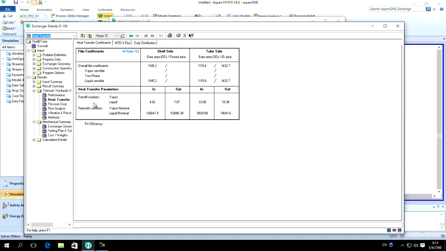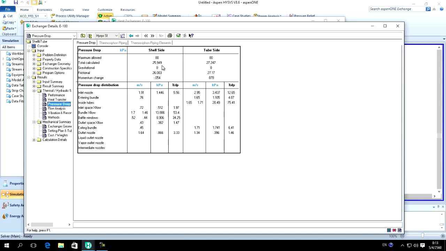That's the Prandtl number and Reynolds number. Let's see the pressure drop. The pressure drop in the shell side is less than 80, that is the controlling pressure drop, and 27 in the tube side.